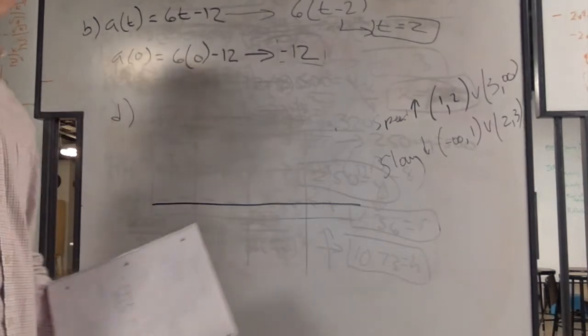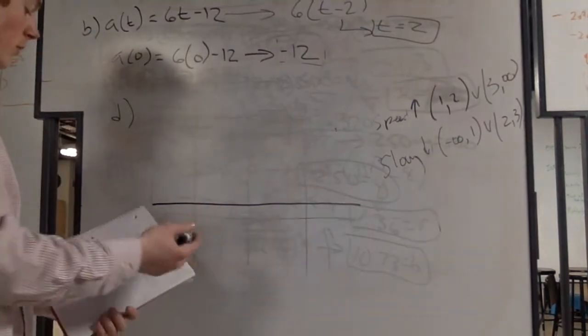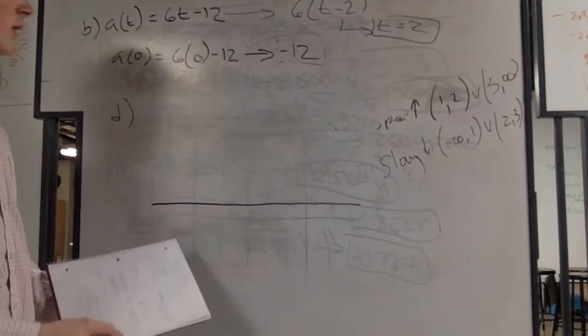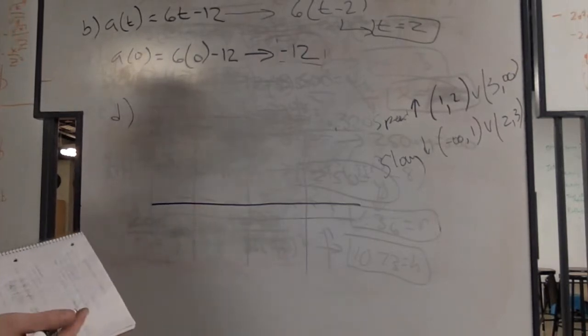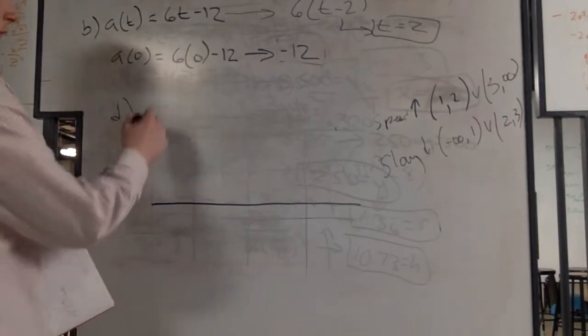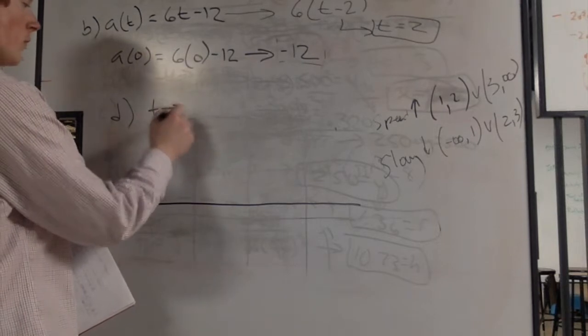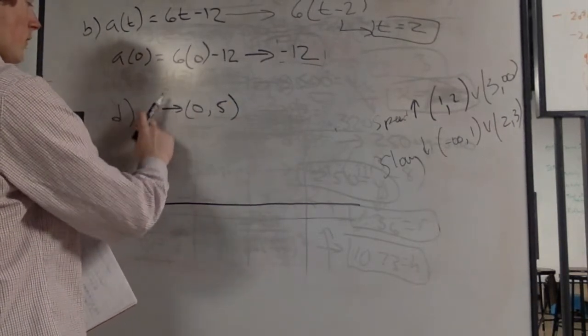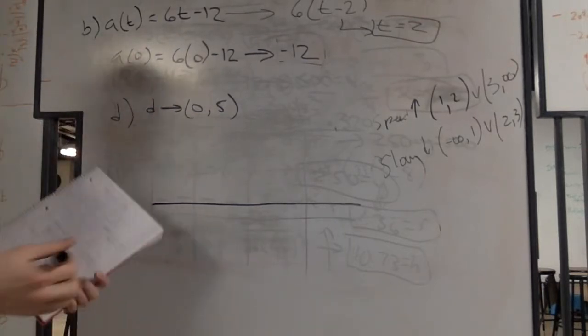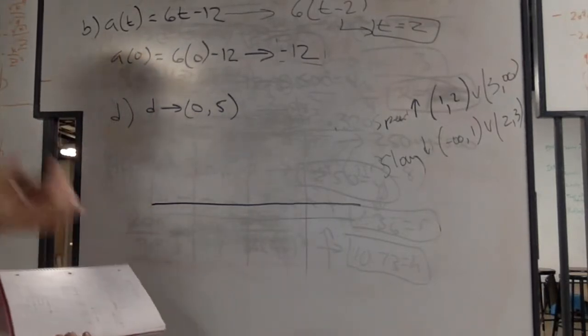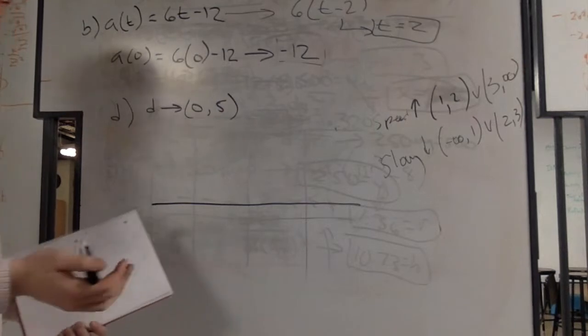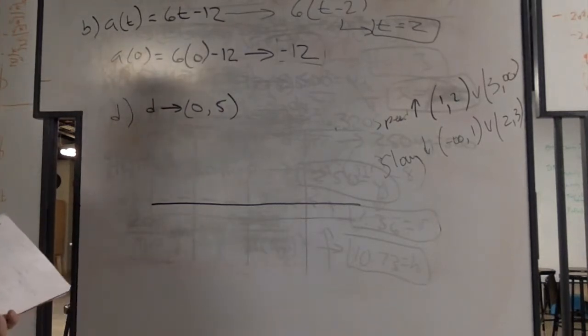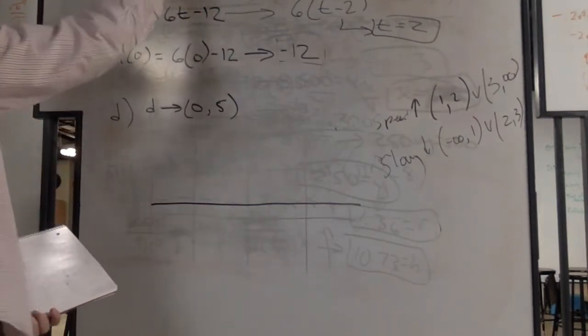Alright, to figure out what this particle that is moving looks like while it's moving, the distance that it has from t equals 0 to 5, what you do, you need to find your starting position. You do that by plugging 0 into the original. You always plug into the original.